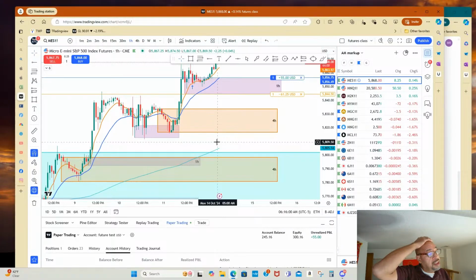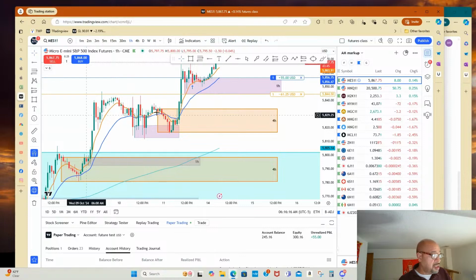This whole thing is like an ocean, and not only are we looking at waves within waves when we look at the time frames, the monthly, weekly, daily, and things happening within them. That's why I put those lines on here, so I can see.